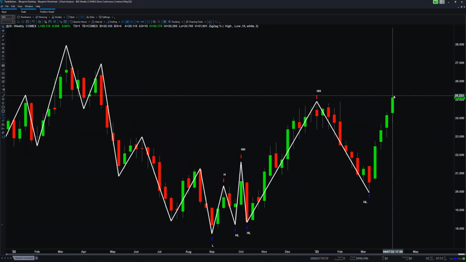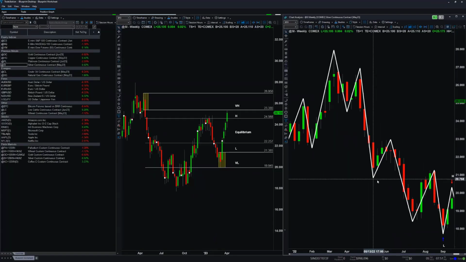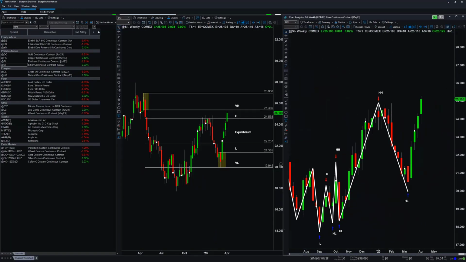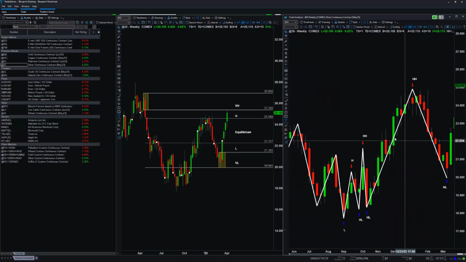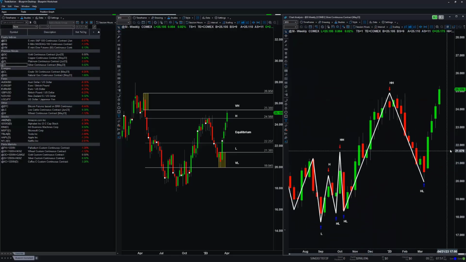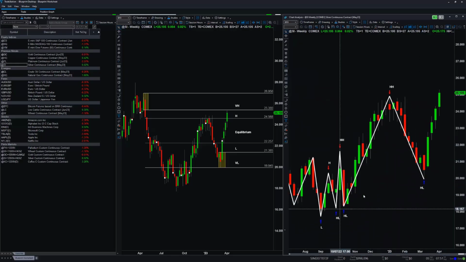And so I have a very clear uptrend. So already my default setting, in terms of the technical analysis, is that I generally do not want to trade against the trend, right? Even though I'm very high, I'm in supply, I generally don't want to trade against the trend. It's an uptrend.